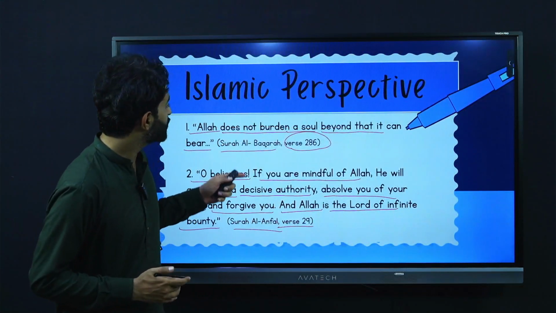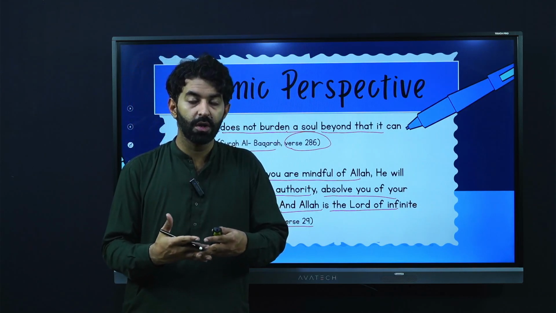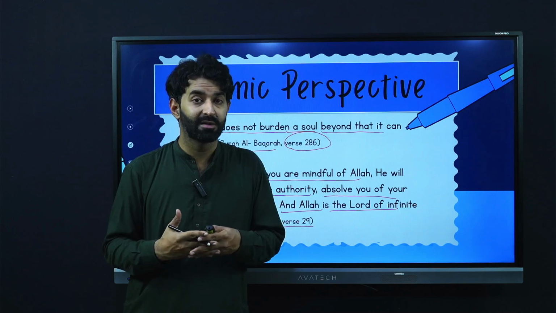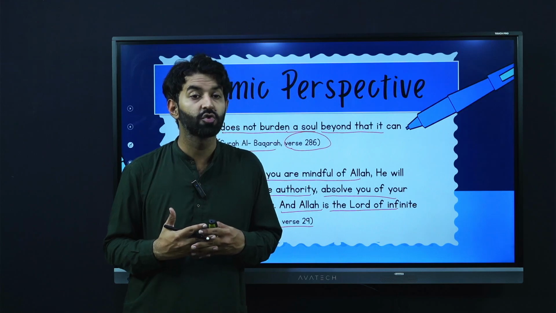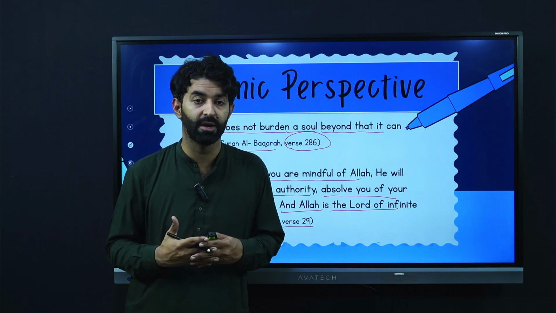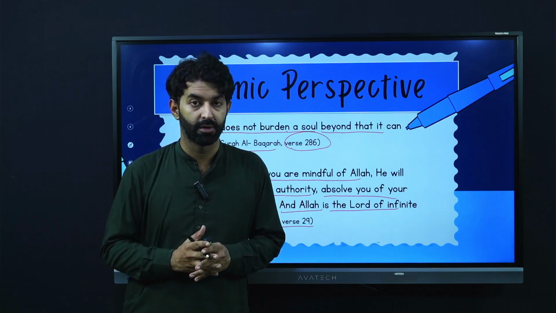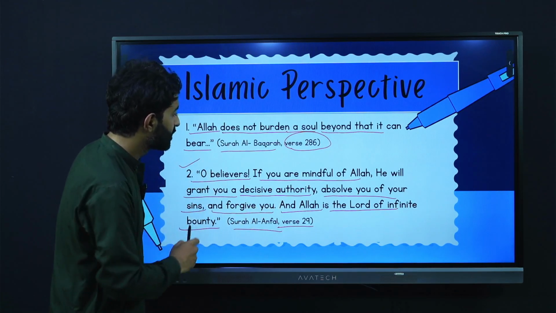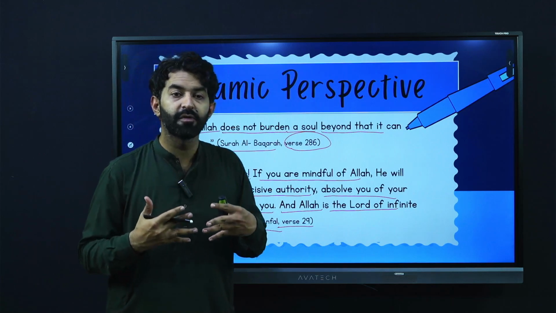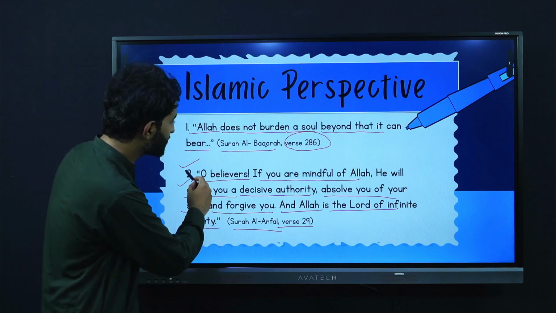Now, in the first one, Allah says that Allah only burdens a soul, gives difficulties and hardships to the soul that can actually bear it. A soul that has the capacity of bearing that problem. Other than that, a soul is not burdened. And in the second one, He says, if you are mindful of Allah, if you remember Him, then He will grant you a decisive authority.